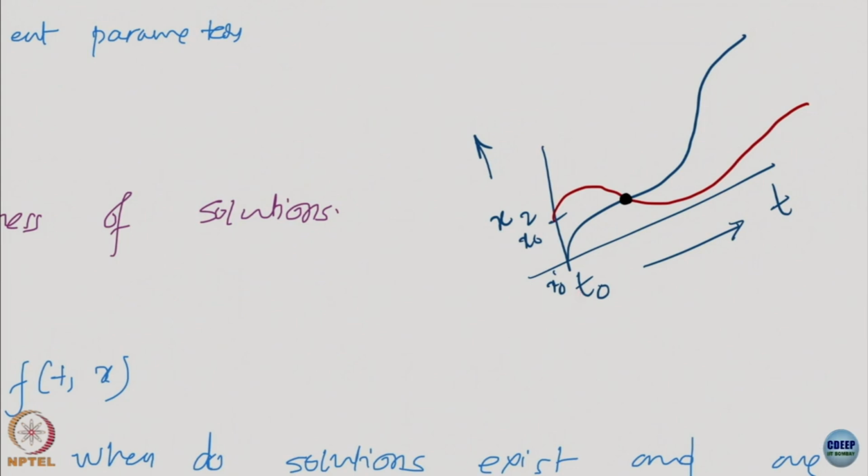Now if I look at t1 as my initial time, what happens? The system can go in either direction. There is no real clarity on where the system is going.